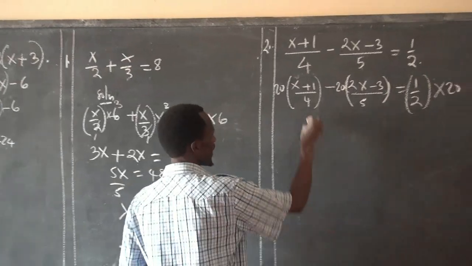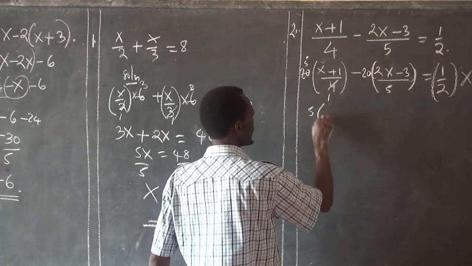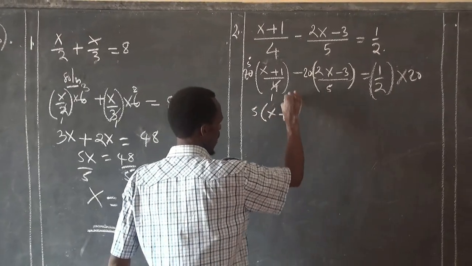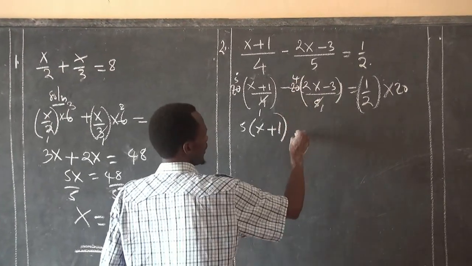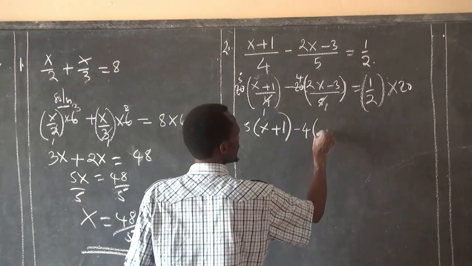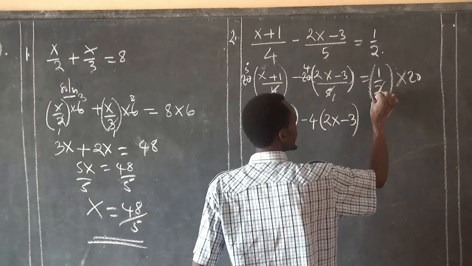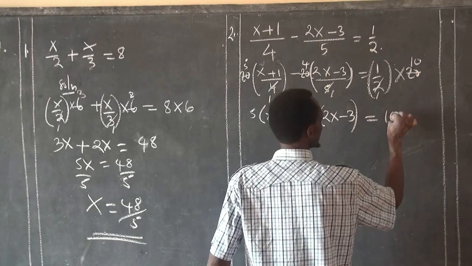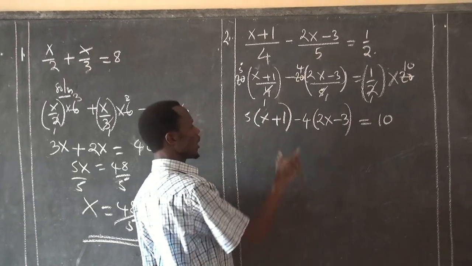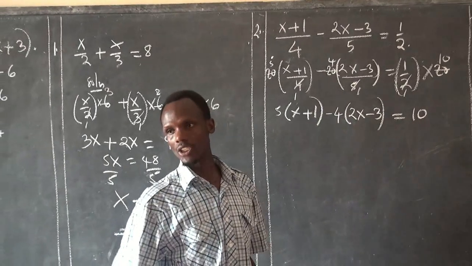Now 20 divided by 4 is 5, so we have 5 in brackets (x plus 1). 20 divided by 5 is 4, so we have negative 4 in brackets (2x minus 3). Then 20 divided by 2 is 10, so it is equal to 10. Now it is already an equation with no fractions.